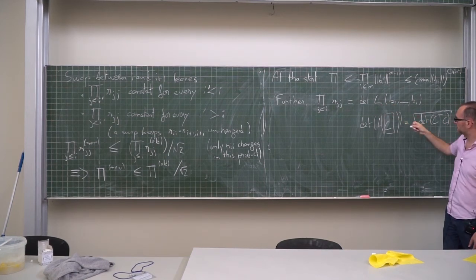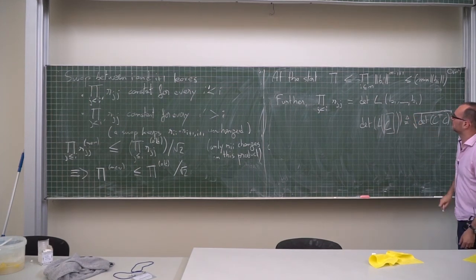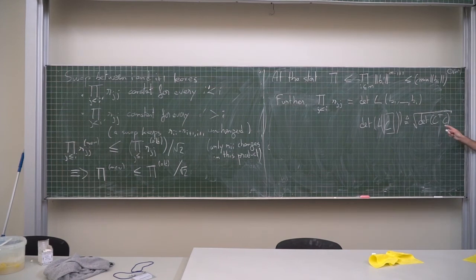Okay, so it turns out that this determinant is exactly this in terms of R_ii. And the b_i, if they are integral, their determinant is integral, the determinant of B transpose B. Okay, so this should be integral.